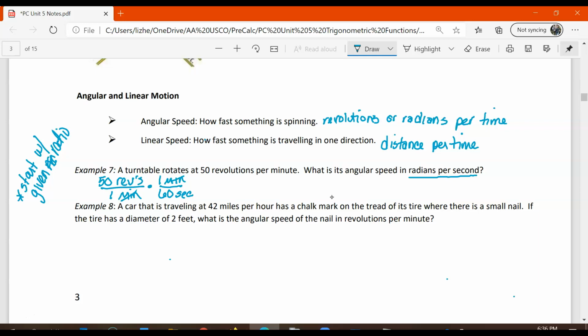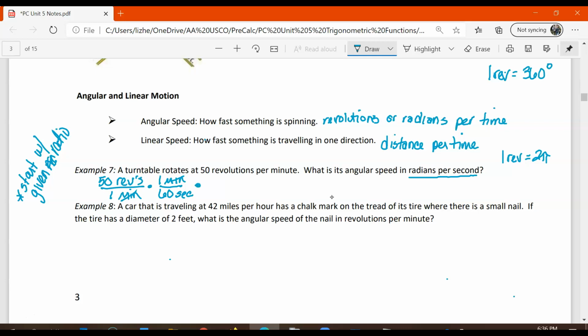Now, the next thing is I need to get from revolutions to radians. So in one full revolution around a circle, that means I've gone 2 pi radians, right? Just like if I am riding my bike and I go a full circle on my wheel, that means I did 1 revolution, which is 360 degrees, right? 2 pi and 360 are the same thing.